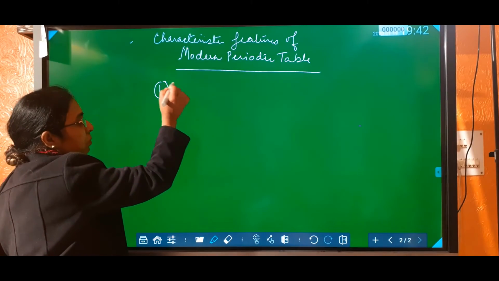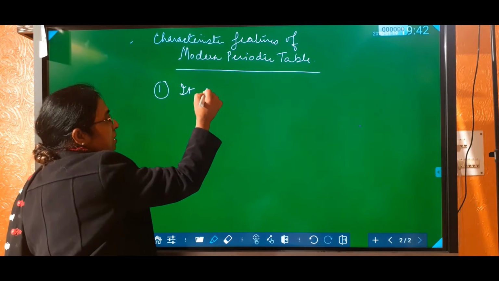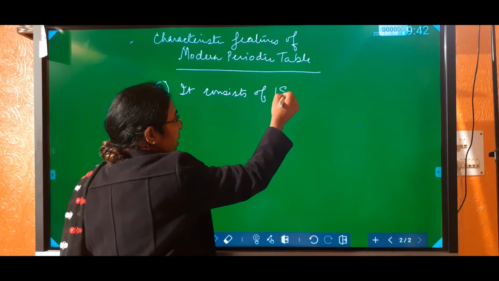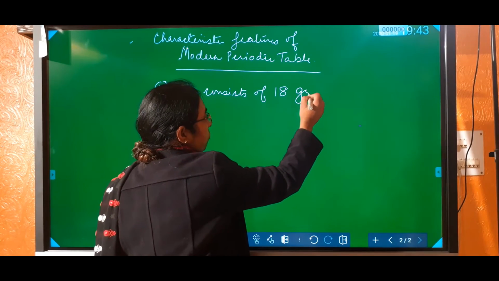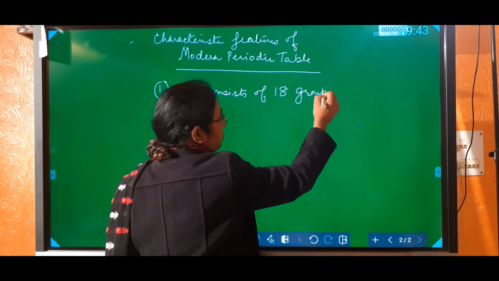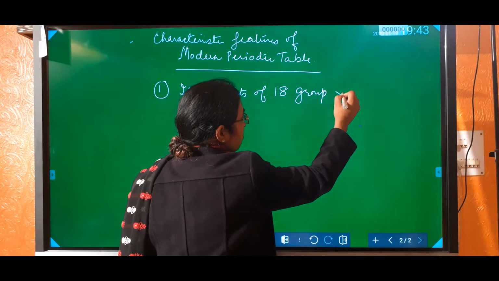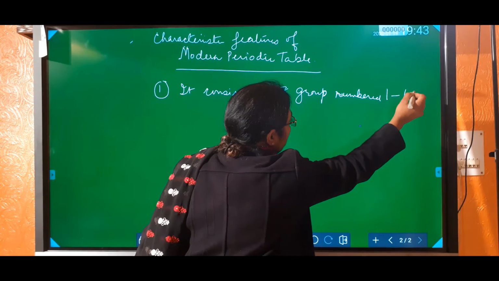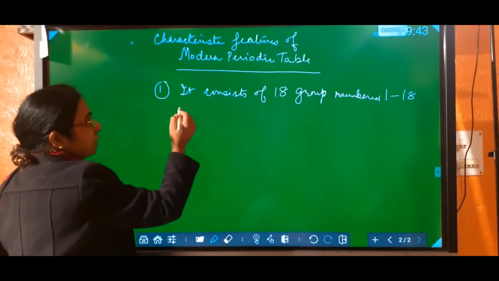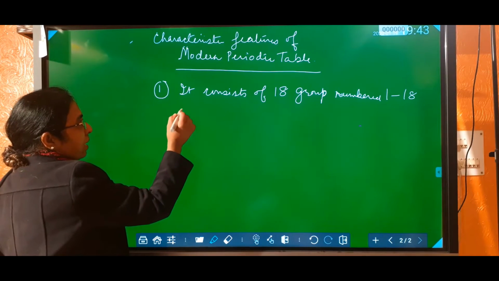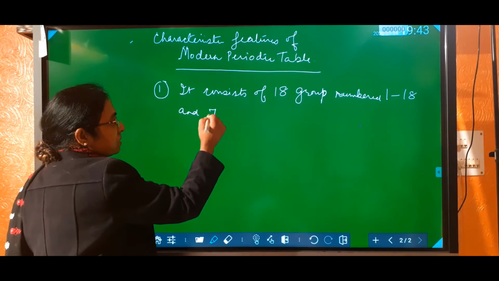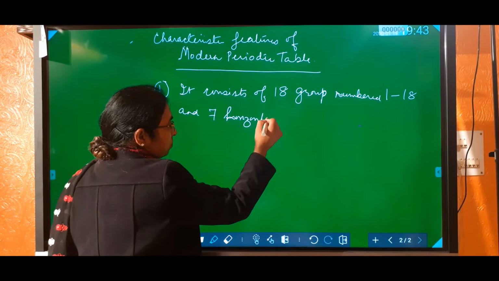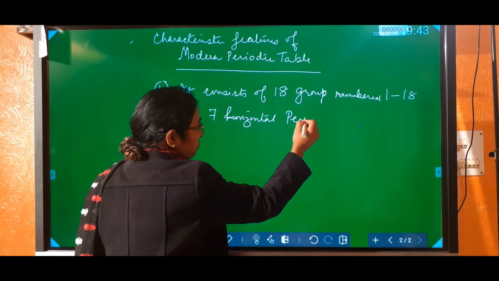The modern periodic table consists of 18 groups numbered 1 to 18, and seven horizontal periods.